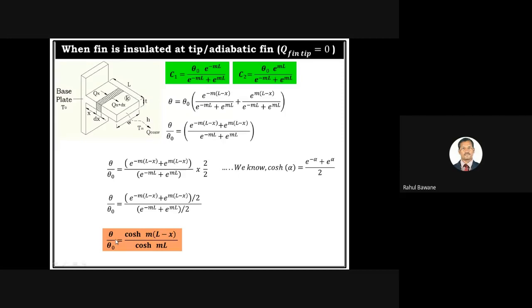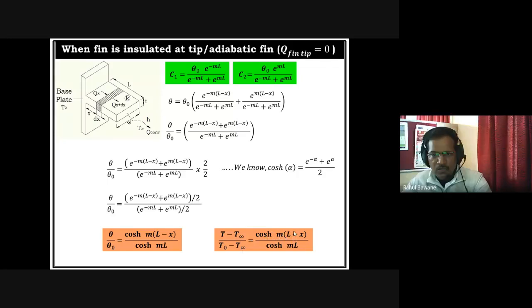Okay. Now many times it is given in temperature form, so theta stands for T minus T infinity, and theta 0 stands for T0 minus T infinity. So in terms of temperature, this relation will be (T minus T infinity) upon (T0 minus T infinity) equals cosh m(L minus x) divided by cosh mL.